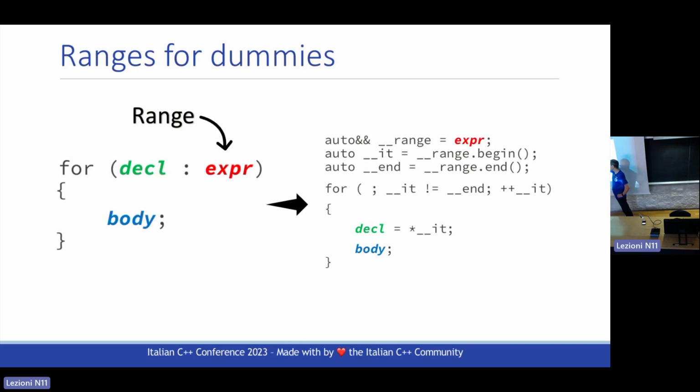Actually, end can be a different type from the iterator as long as we have the comparison. And this is interesting because you can have ranges where the end is a special one, and it's called a sentinel in the terminology of the standard. And so here we are comparing with the sentinel. The sentinel can be anything as long as you have the comparison operator.